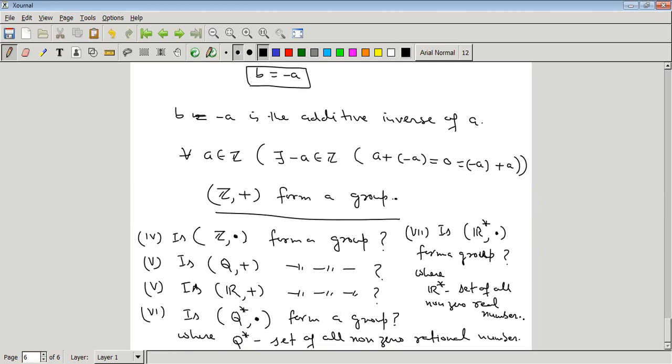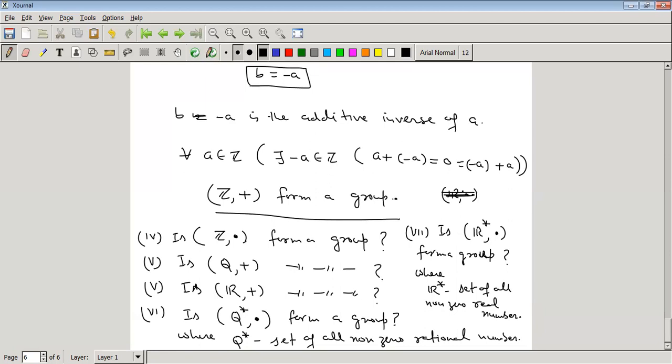Now think about this. If 0 belongs to R, then what happens under multiplication, right? So instead of asking R with multiplication, मैंने क्या पूछा आपसे कि R star. So R के बारे में नहीं पूछा है. आप ये सोचना कि R को अगर हम सेट R लें अंडर मल्टीप्लिकेशन, तो वो ग्रुप क्यों नहीं बनता?